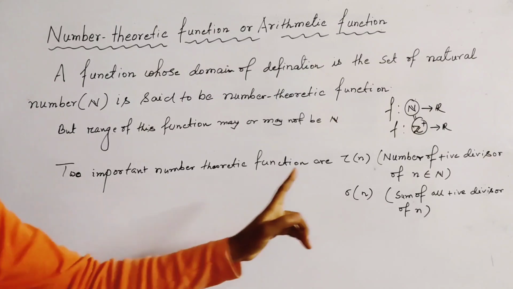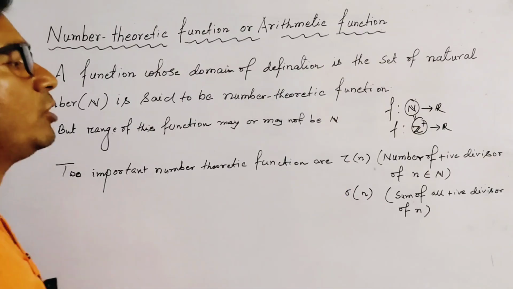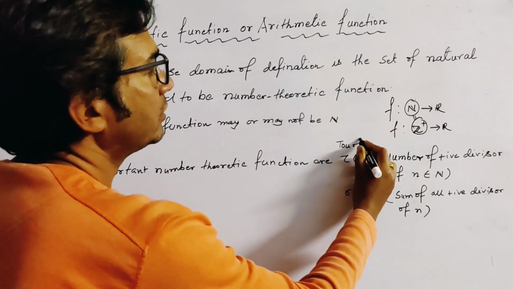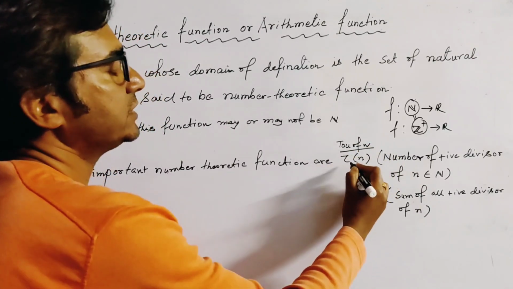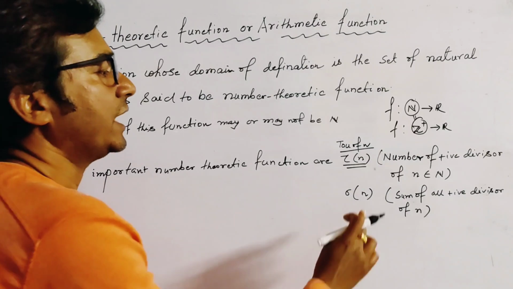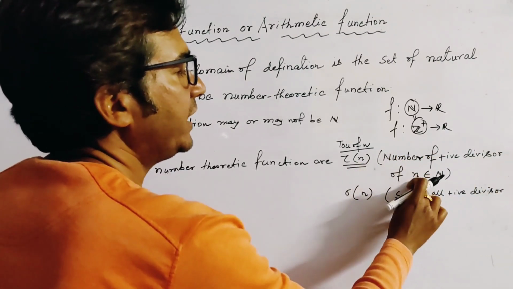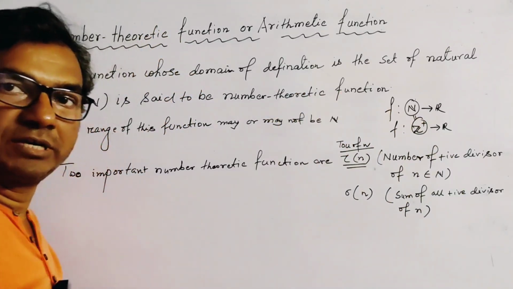The first is tau of n. This is the symbol tau of n, and this is the number of positive divisors of n, where n belongs to capital N. Clear?